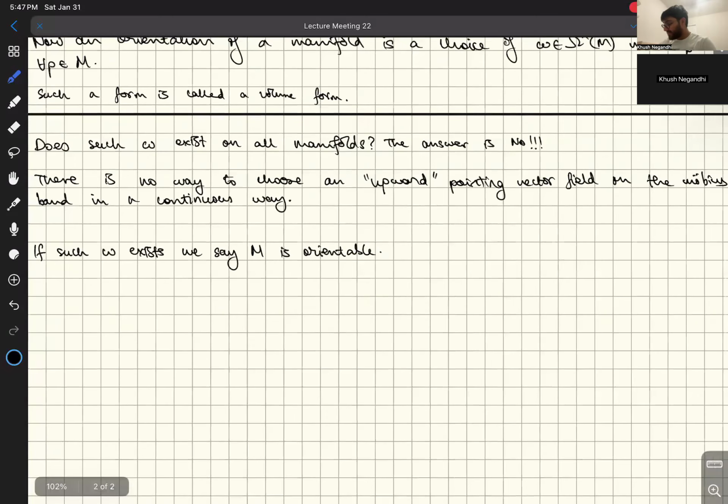So we will develop the theory of integration for orientable manifolds. But equivalently, there is a theory of integration for non-orientable manifolds. I don't think I want to spend time on that, but I will give an exercise or two about the bundle of densities, which is used in defining the integral over non-orientable manifolds.